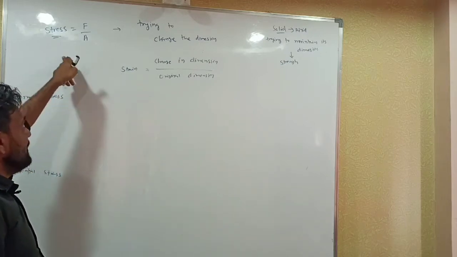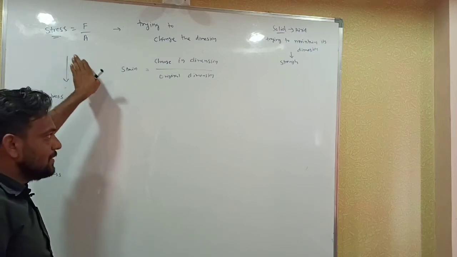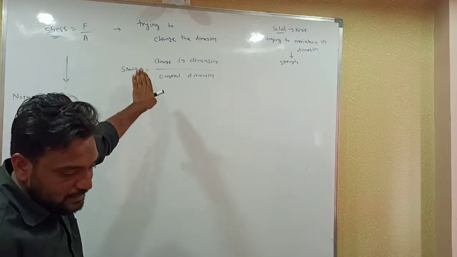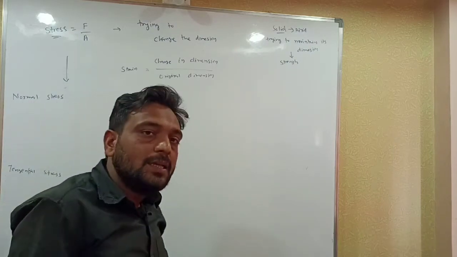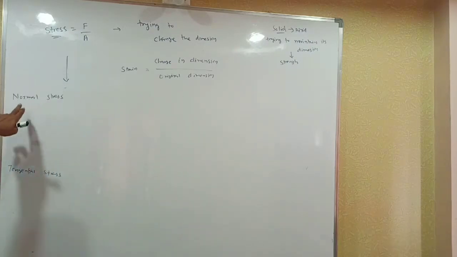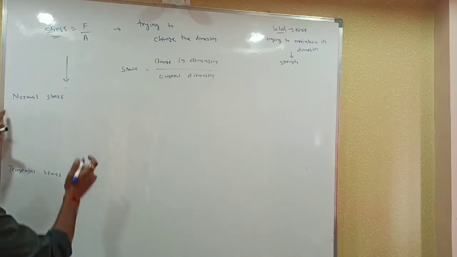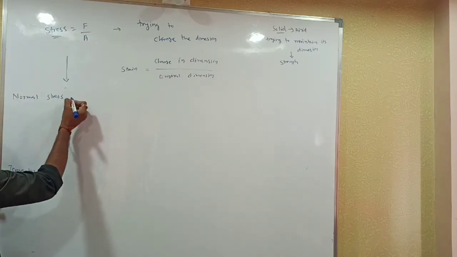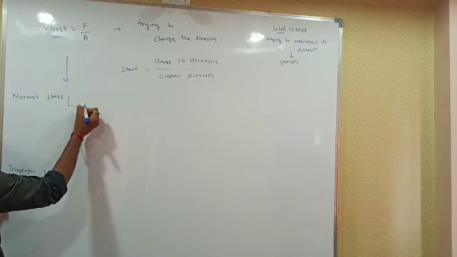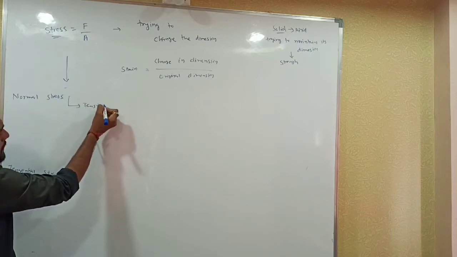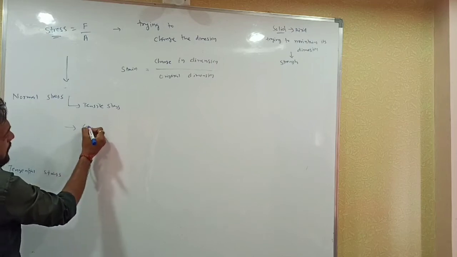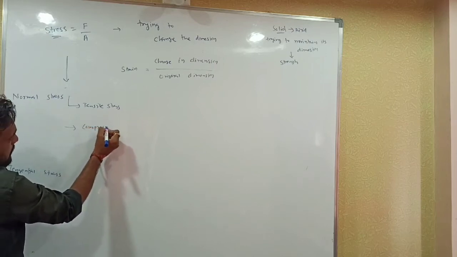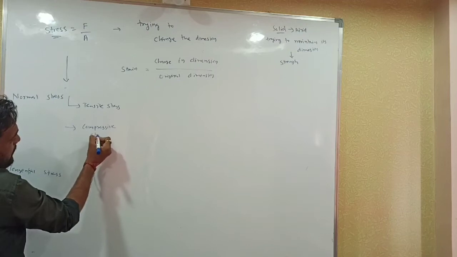If the type of stress is changed, then the strain created due to this type of stress is changed. Suppose we had a normal stress. We also know that we have two normal stresses: one is tensile stress and another is compressive stress.